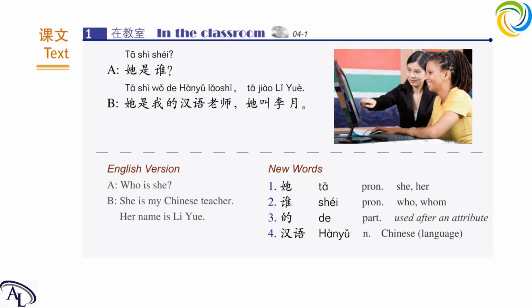And the things before and after 是 are equal, right? So when I say they are Chinese, I just need to put they and Chinese in these two parts. One is 他们 and one is 中国人. So 他们是中国人 means they are Chinese.